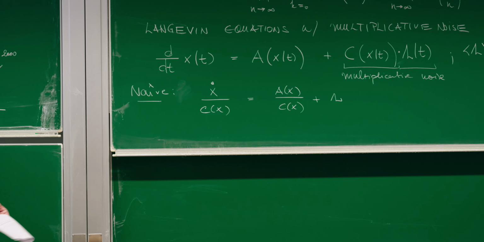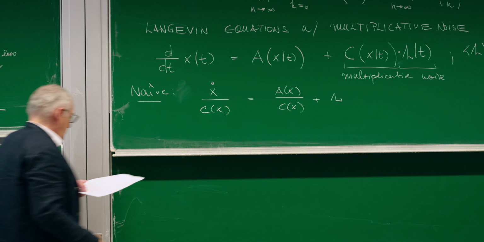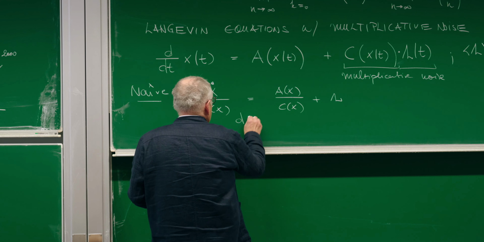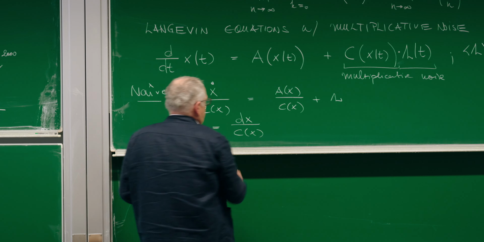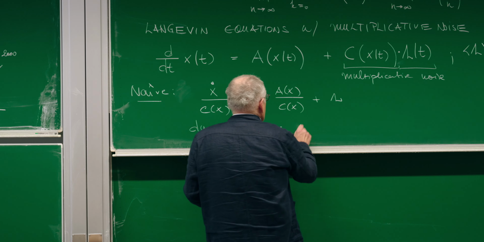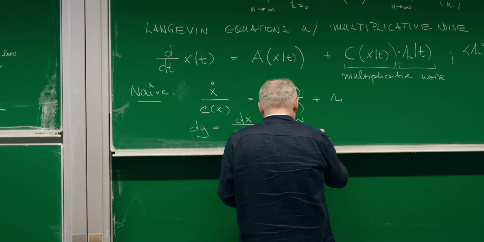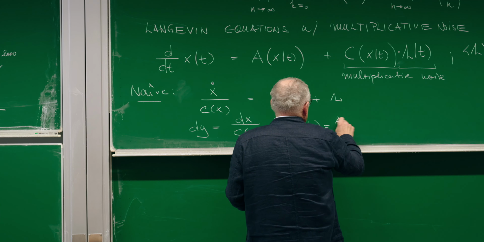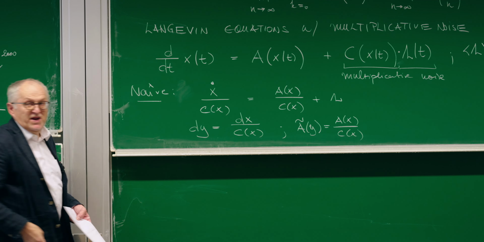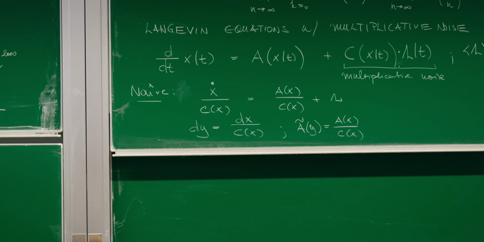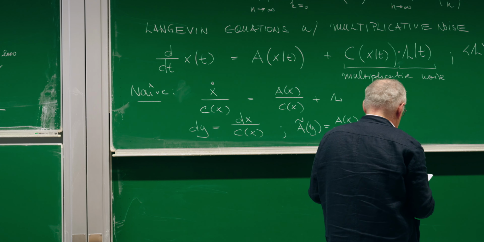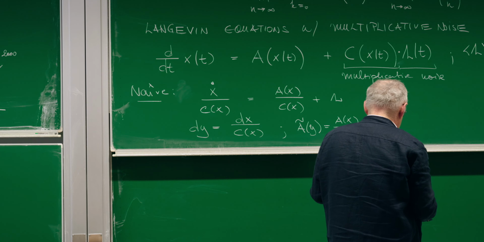So I'm back to additive noise, and I define now a new variable, which I call dy, accounting for the fact that I have this denominator c of x. And I also define a tilde of this new variable y as a of x divided by c of x, with y and x related by this parameter substitution. If you do that, you are back to the ordinary differential equation.